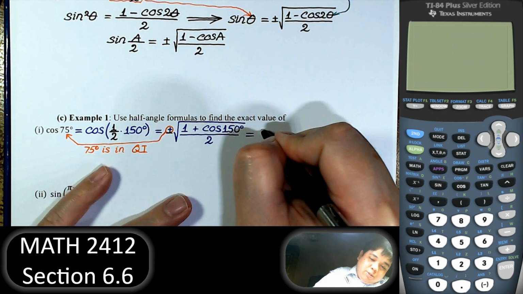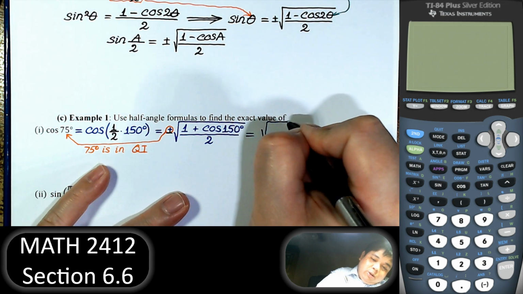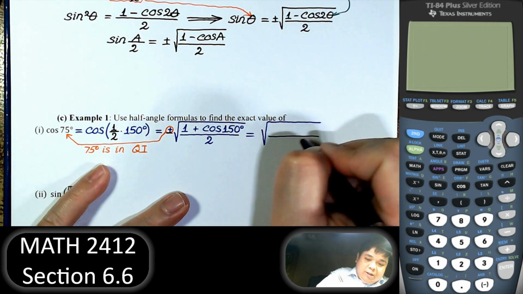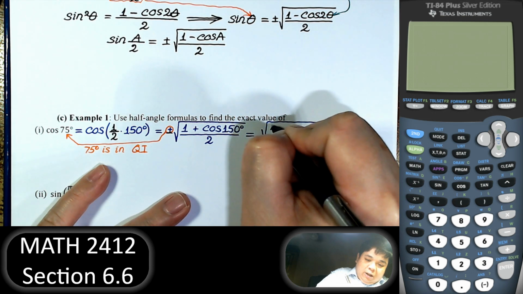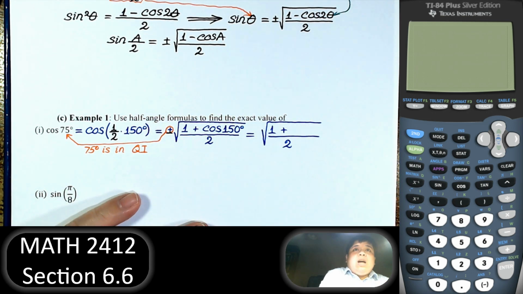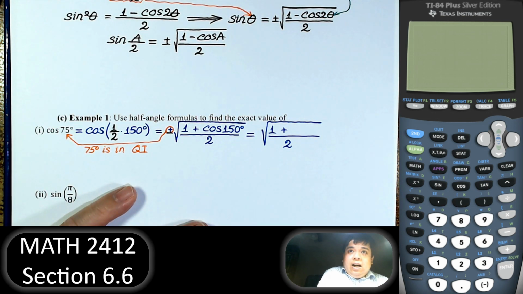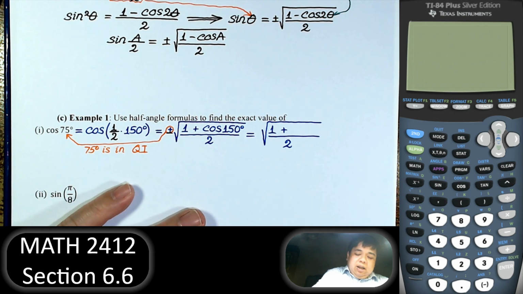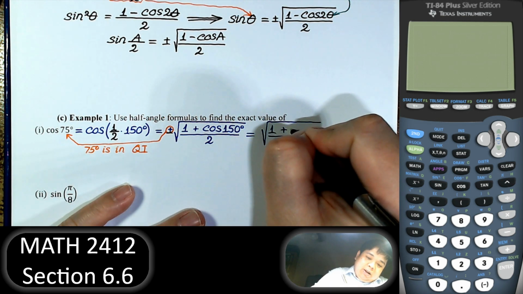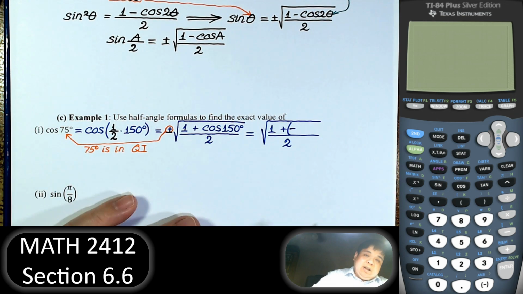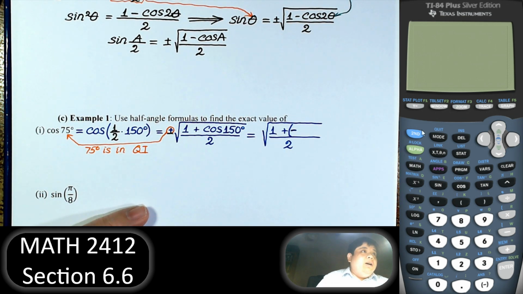So we have just positive square root of 1 plus cosine 150 degrees, which is actually going to be negative, negative square root of 3 over 2.